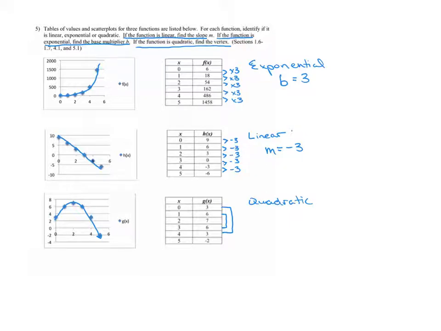We are looking for where those y coordinates are the same, and then where the middle of these points is. Our middle point is 2, 7. That is your vertex. All right, let's go ahead and continue on.